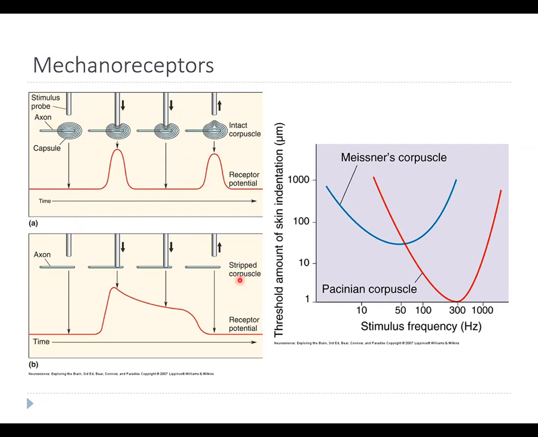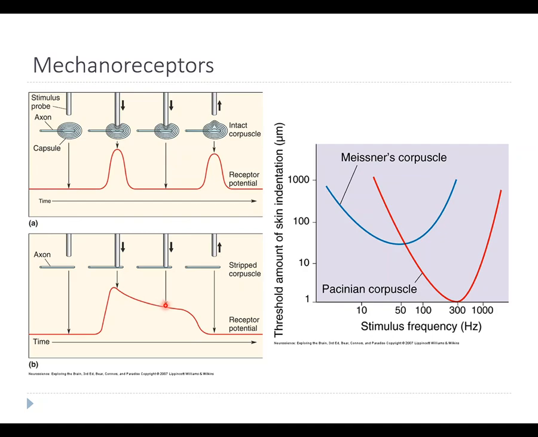And this shows that it's the physical properties of that little capsule that causes this. Because here what they've done is they've removed that capsule. They basically stripped that corpuscle off the nerve ending, so all that's left is the axon itself. And again, pressing on the axon directly does cause it to depolarize, but without the corpuscle, that depolarization remains.